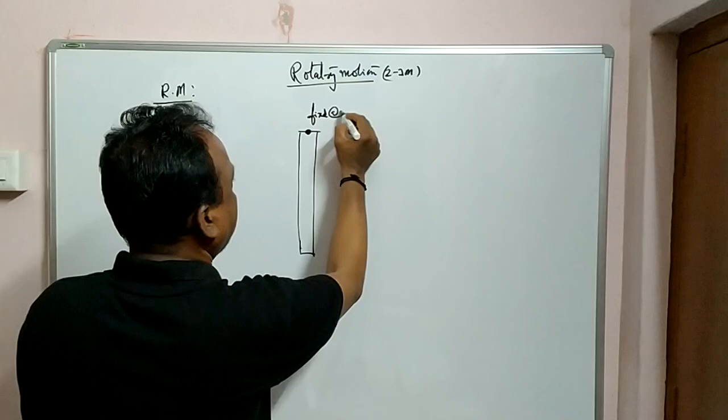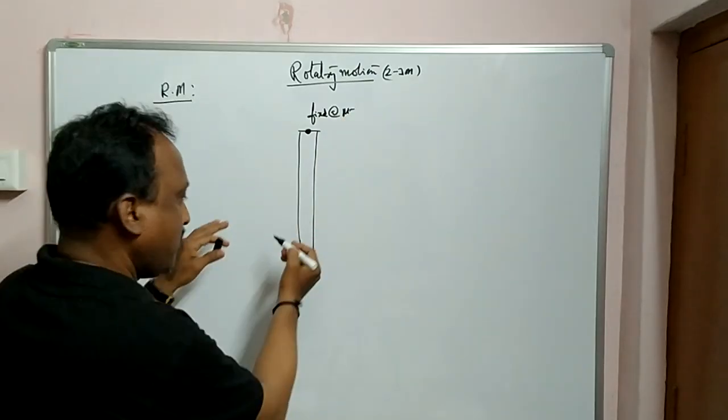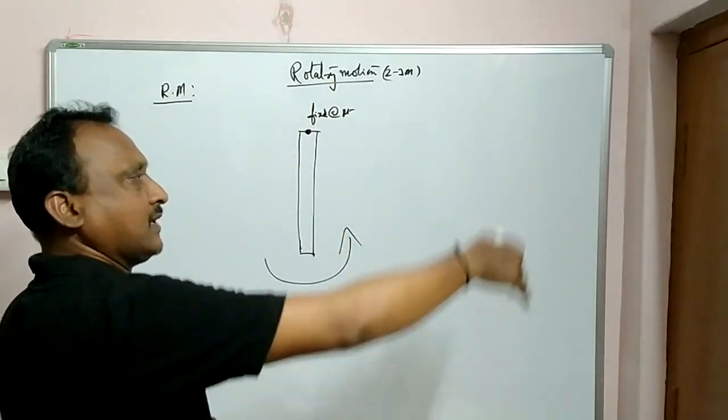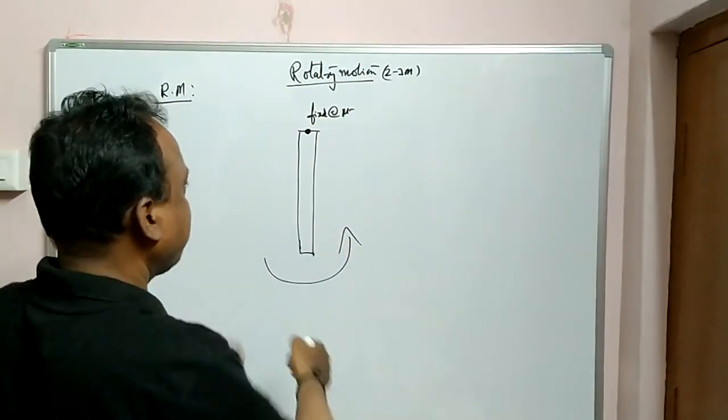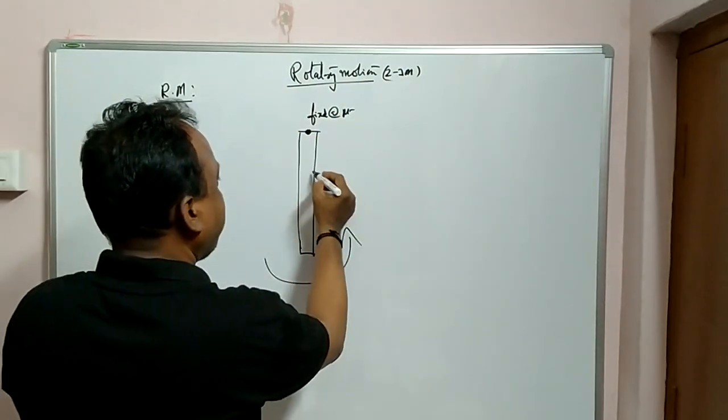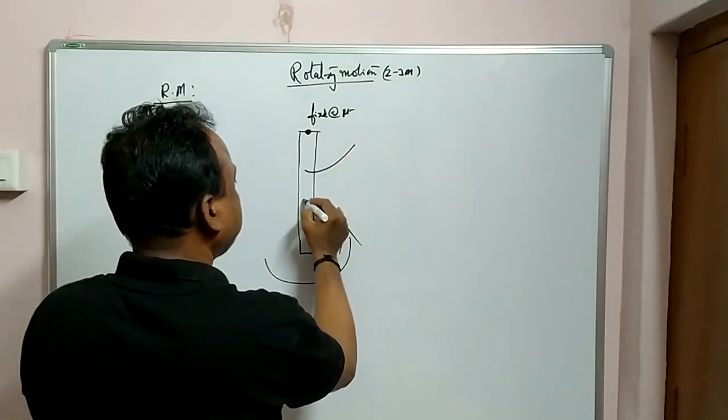Now suppose this rod is rotated in this fashion, like this, with respect to this axis. Now what happens, every particle in this rod will be rotating this way.